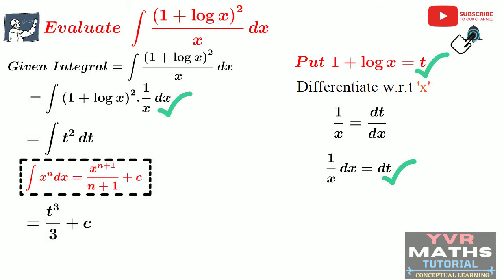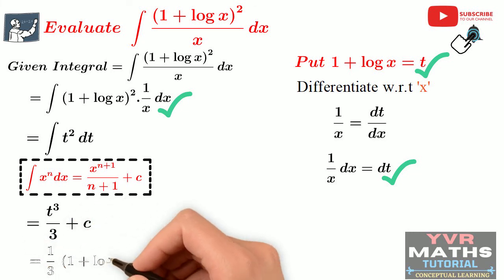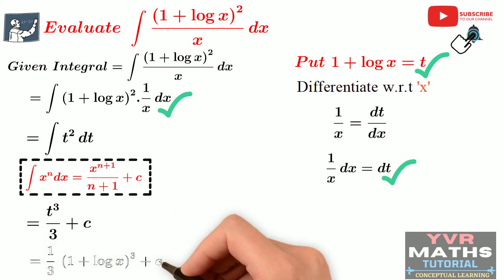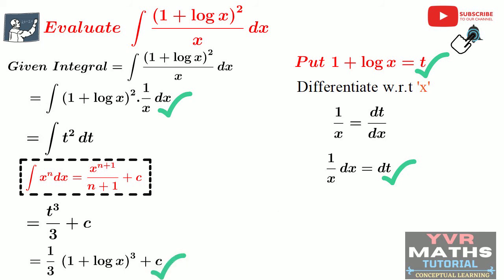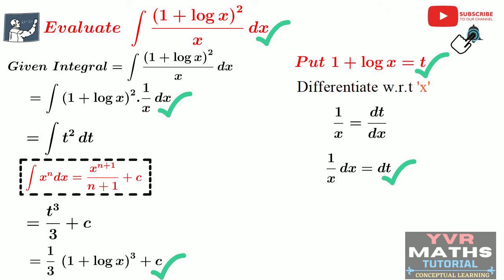Now replace the new variable by the original variable in the answer. What is the original variable function here? 1 plus log x. So if we substitute t is equal to 1 plus log x, then the final answer is 1 by 3 into (1 plus log x) whole cube plus c. This is the final answer for the given integral. I hope you understand.